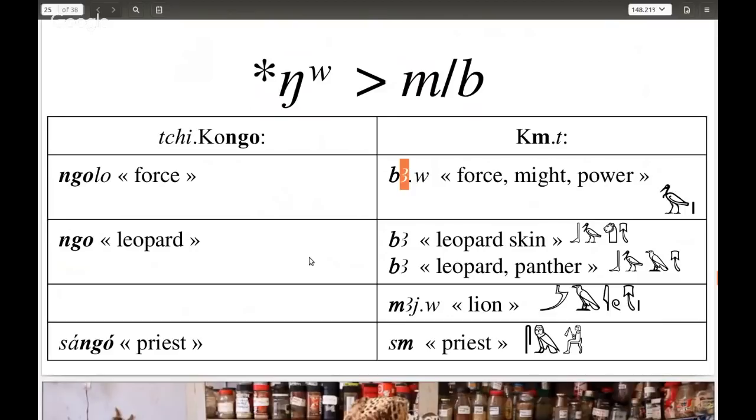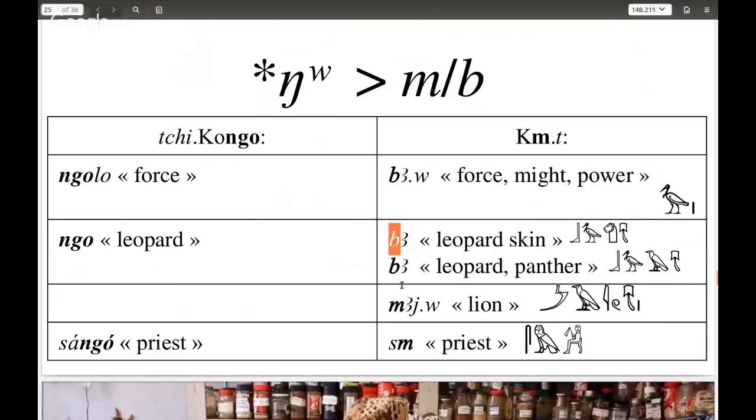Ngo, leopard. Here we go again. Bara. And I'm just making up vowels, so we don't know what the vowels are in Egyptian. But leopard skin, leopard, panther. These are the hieroglyphs for it. And so the Chikongo language drops this sound, so it no longer has, it only has the beginning sound, this here.